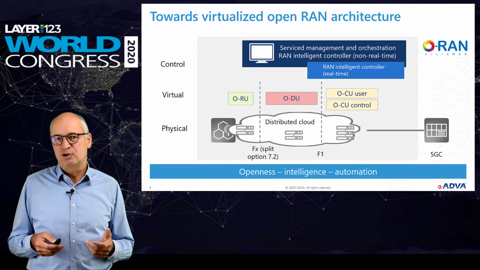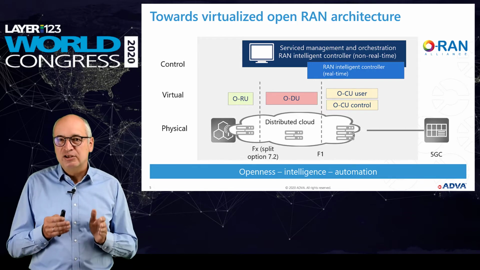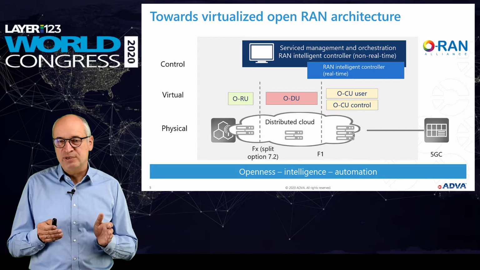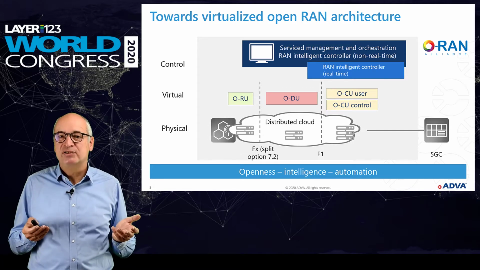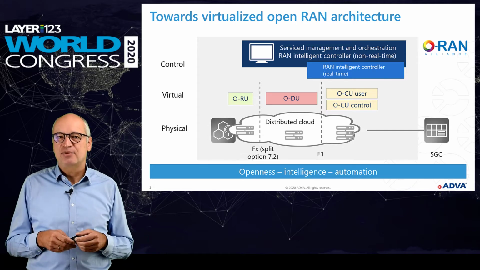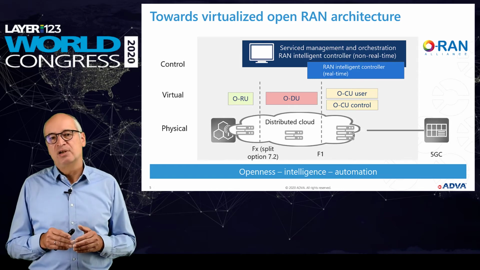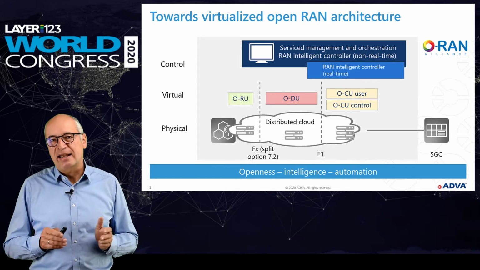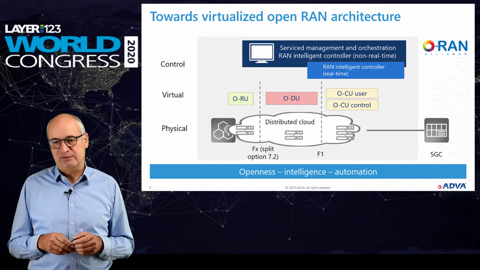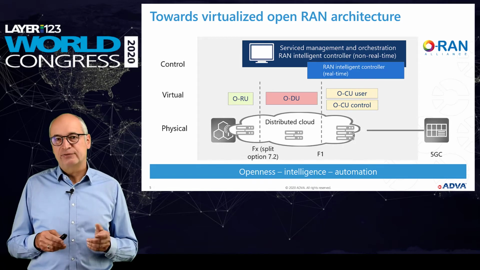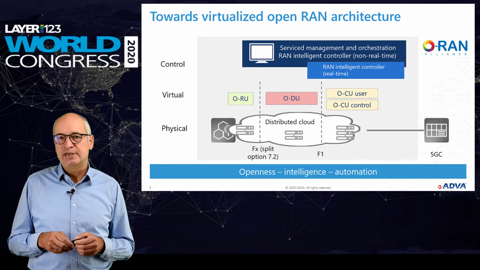The work of the Open RAN Alliance focuses on standardized open interfaces in between, a prerequisite to disaggregate something, standardized interfaces on a horizontal and on a vertical level.